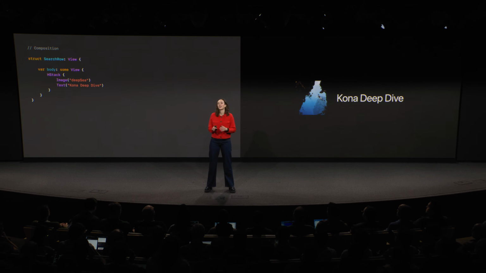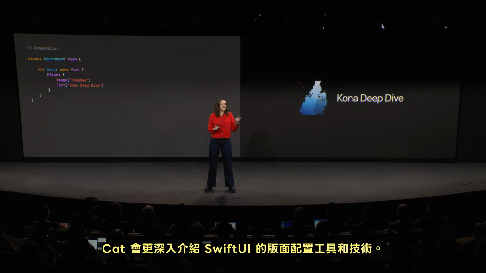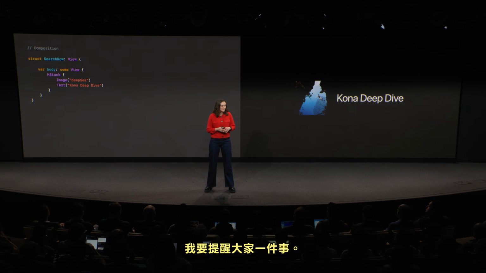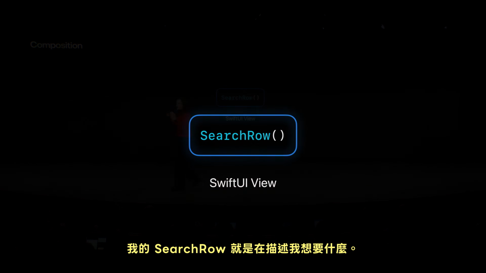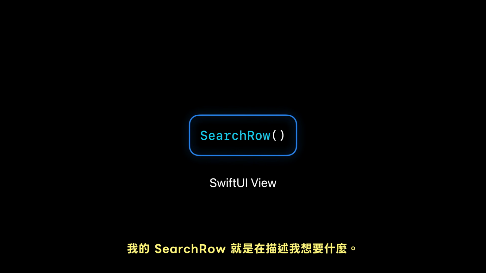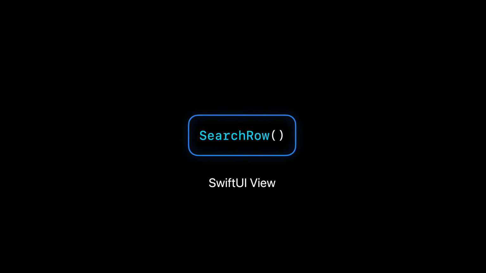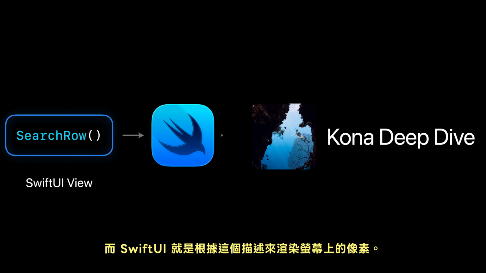Later today, Kat will go deeper into the tools and techniques for layout in SwiftUI. I want to call something out. Even as I make more sophisticated views, the core concept is the same. My SearchRow is a description of what I want. And SwiftUI takes that description to render the pixels on the screen.